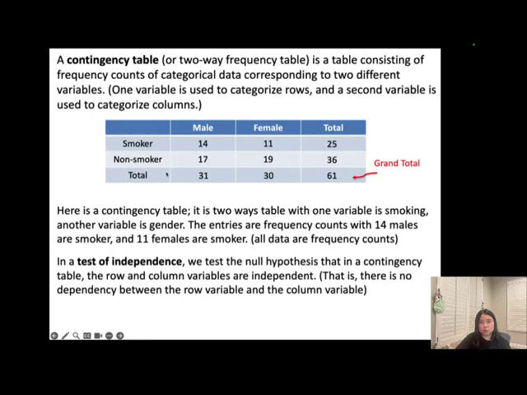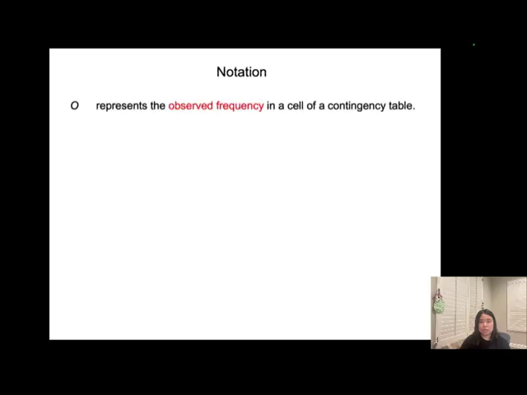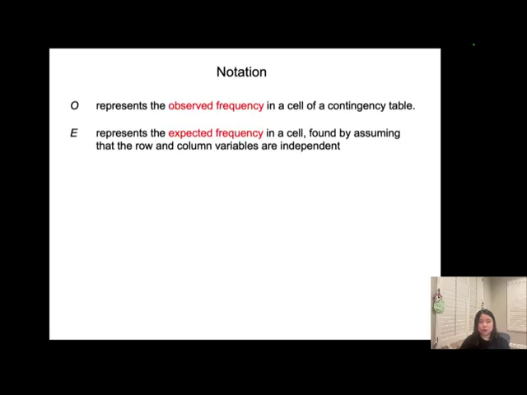From this contingency table, we perform the survey and then write down the numbers here. So this is your observed frequency. And then we have the expected frequency. I will teach you how to calculate the expected frequency in the contingency table.